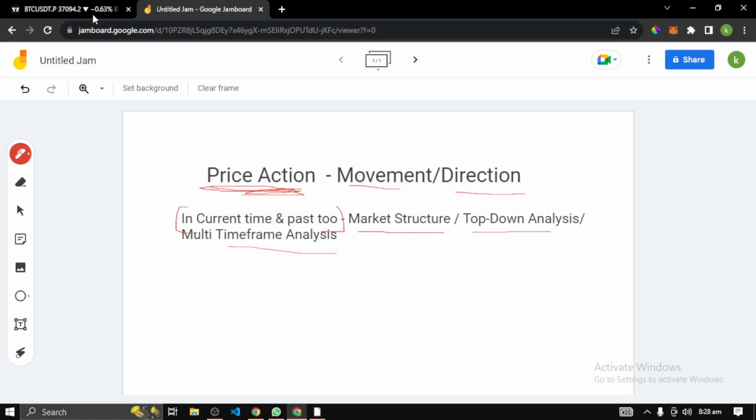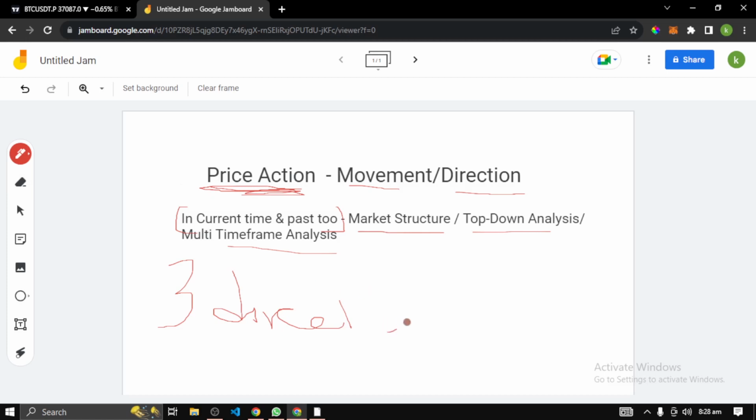Now before we dive into the chart, I want to also show us a few things. Basically in trading, price goes in three different directions.